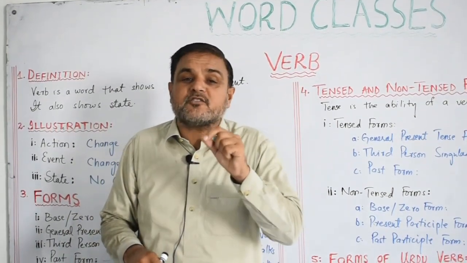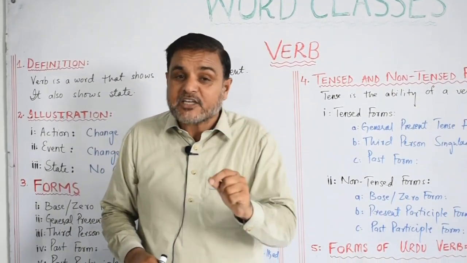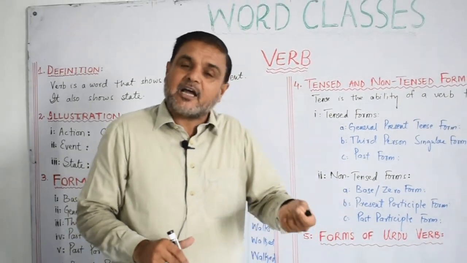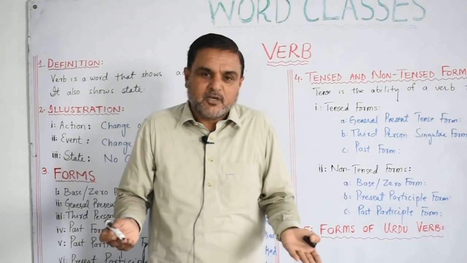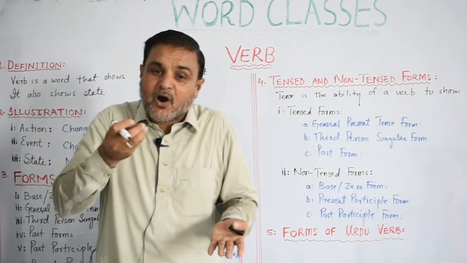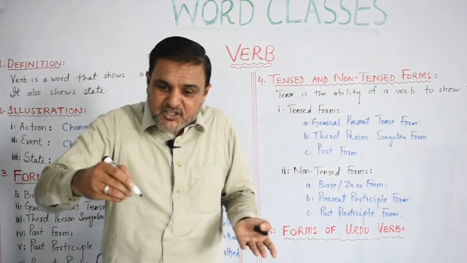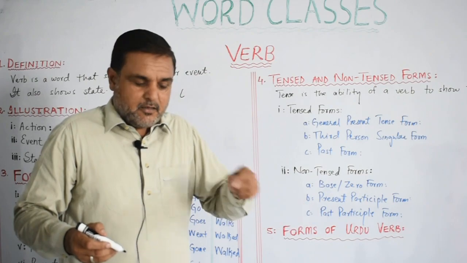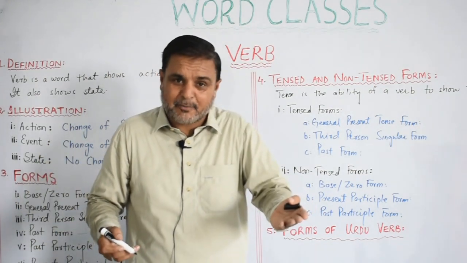And all those words in English language that represent this change of state, they are called verbs. So this is the reason why eat is called a verb. Write is called a verb. Walk is called a verb. Read is called a verb.